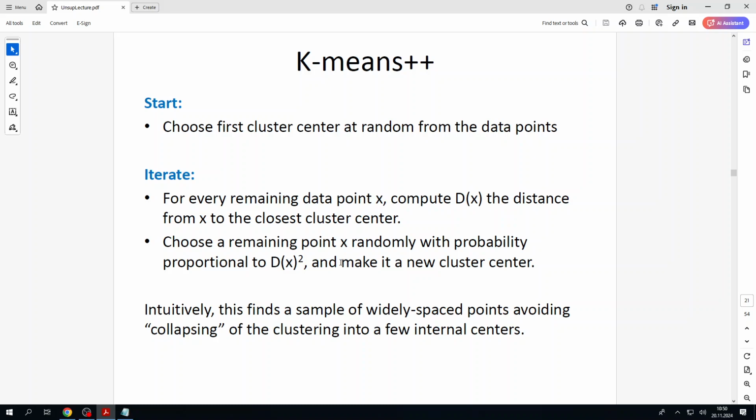Now, the idea of how exactly k-means++ works is quite simple. First we choose random points. That is the beginning, just like here. But then, for every remaining point that you haven't chosen, we calculate the distance and choose a new cluster center randomly from these remaining points, based on the distance. So the probability depends on how far your point is.